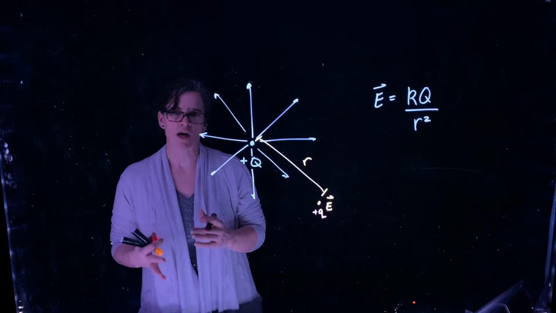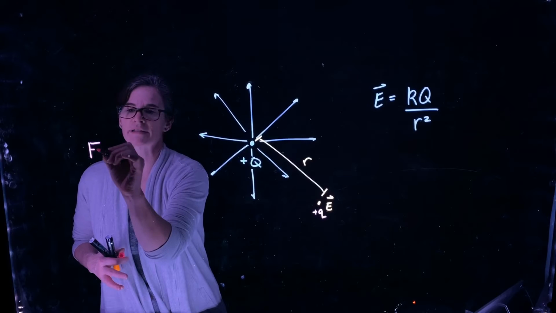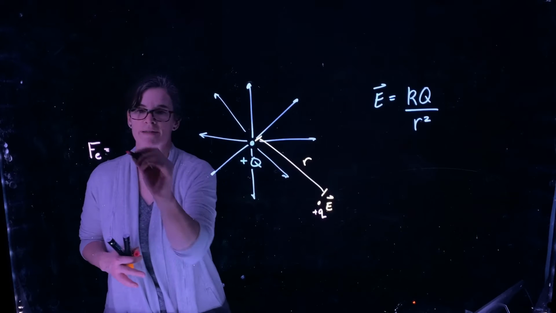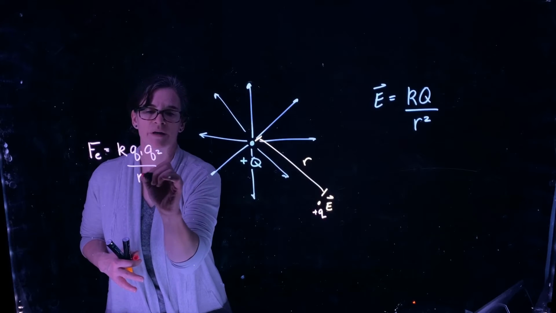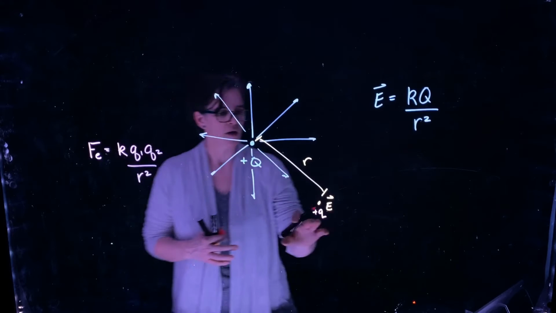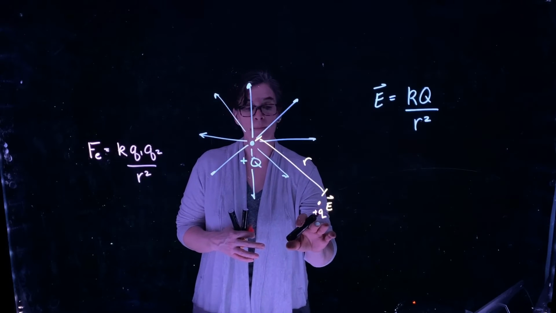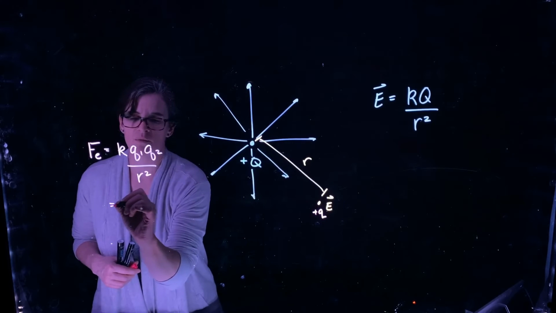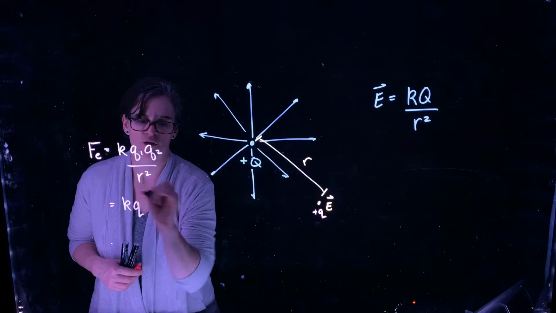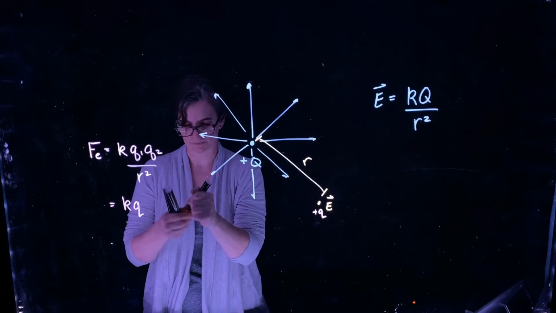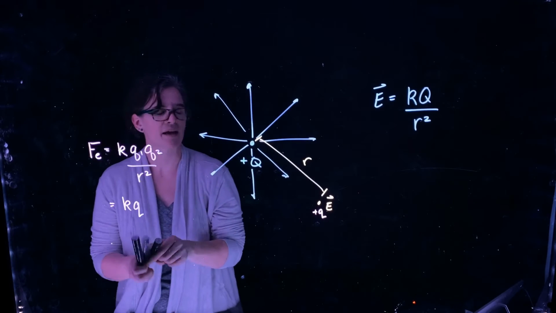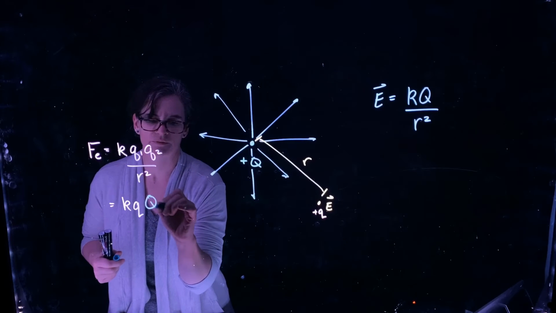Coulomb's law tells us that the electric force between 2 point charges is k q1 q2 over the radius squared. Well, q1 is my positive Q. So we have k, Q. q2 is my lowercase q here. So we have little q.